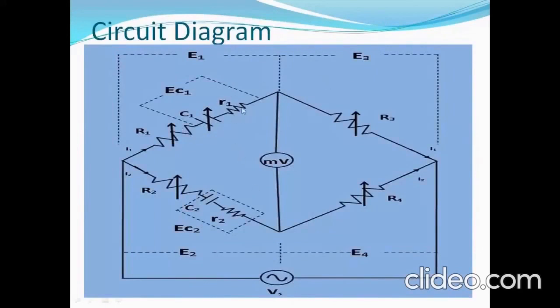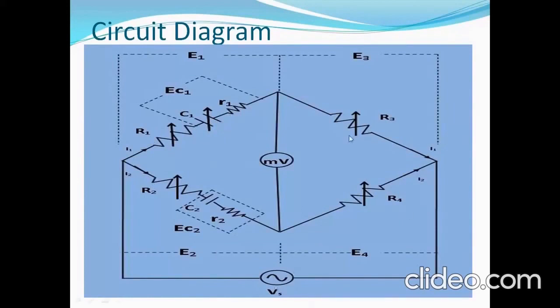Small r1 represents the dielectric loss in the capacitor, and the dielectric loss is measured by the small resistor r1, and here also r2. There are four resistances R1, R2, R4 and R3. You can see they are all variable. By varying the variable, we can find the value of the unknown capacitor, and this is the supply Vs.